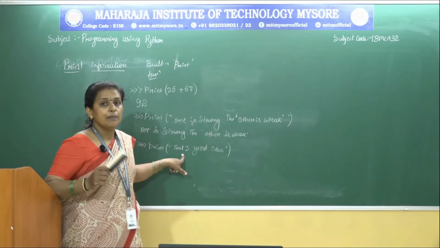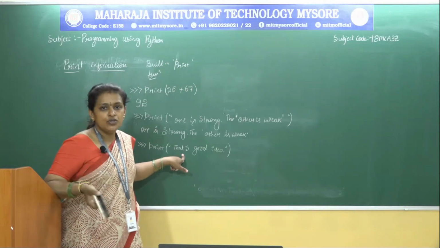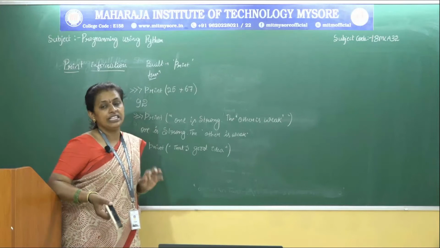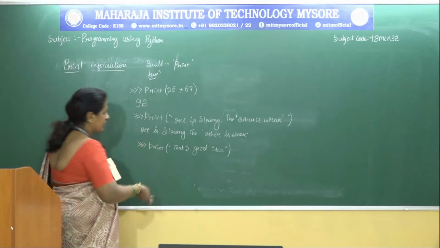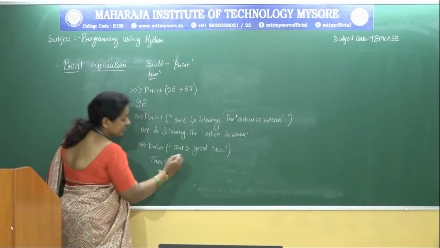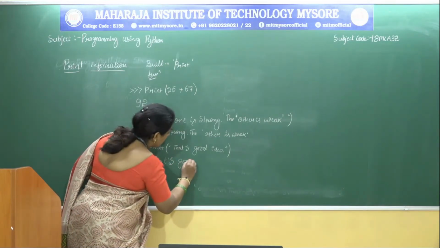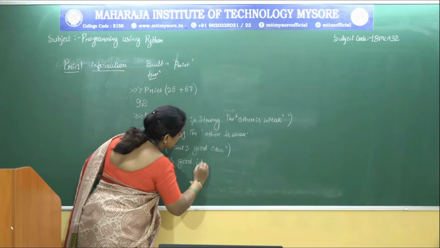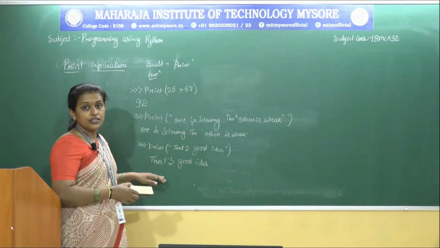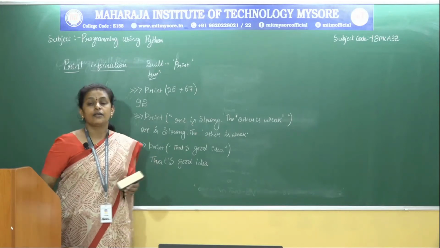We used the plus operator and escape sequences and all. But while printing like this, it will automatically take it as it is. So that is apostrophe s, that's good idea. Understood? Okay.